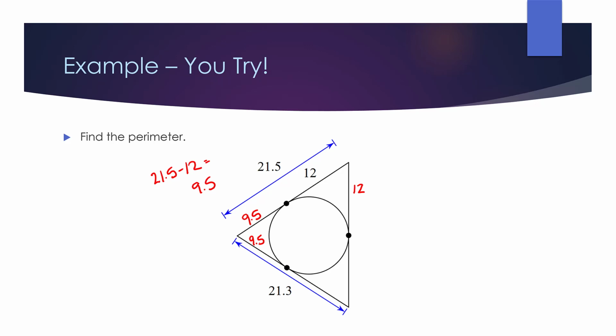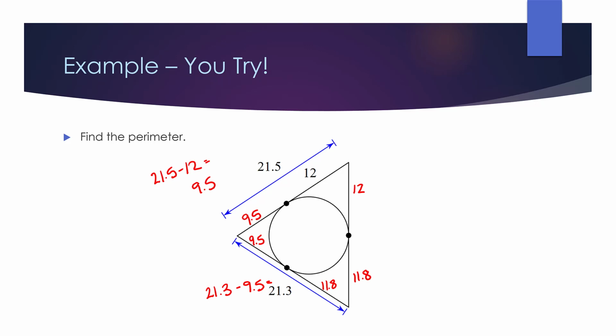And now I can repeat that same process, but using the new number of 21.3. So this entire length is 21.3. And I know a part of it is 9.5. That means that this length is 11.8. And so the matching piece must also be 11.8.